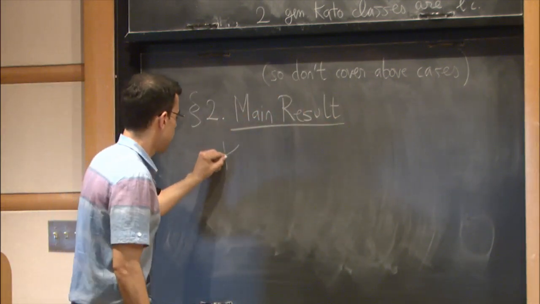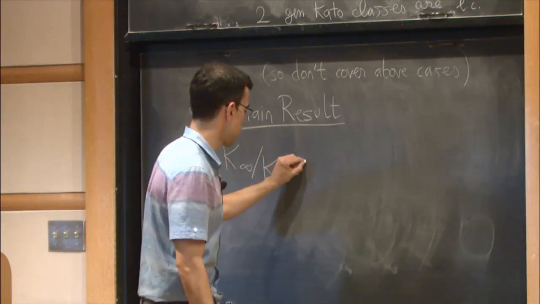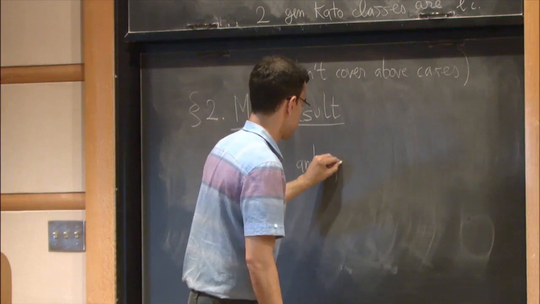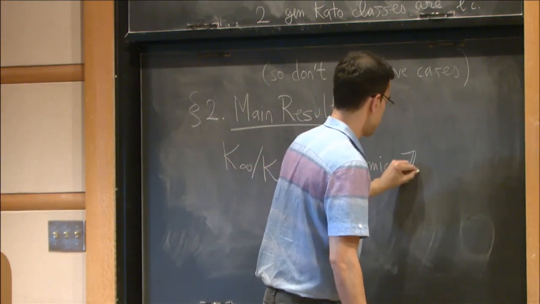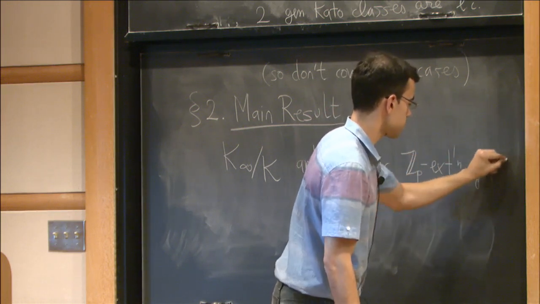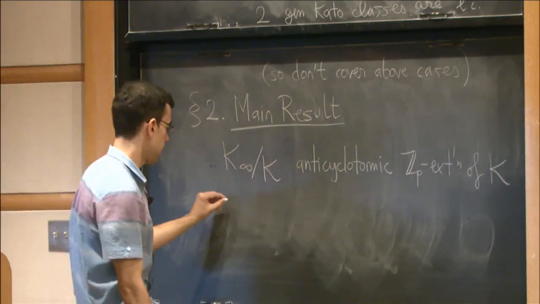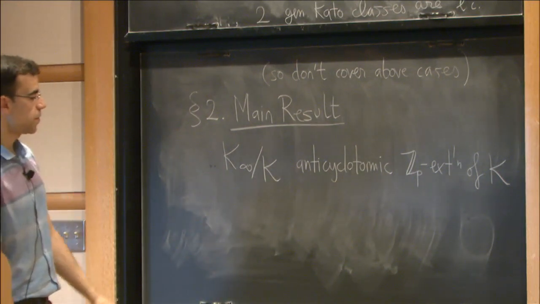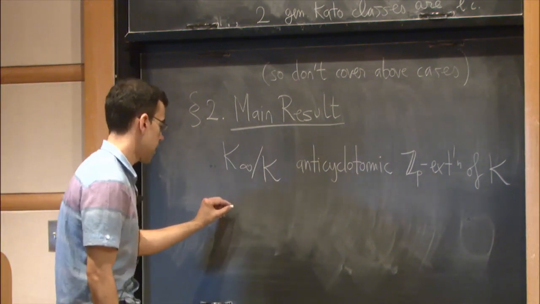Okay, so I'll denote by K_infinity over K the anticyclotomic Z_p extension of K. This is a Galois extension of K whose Galois group is isomorphic to Z_p.